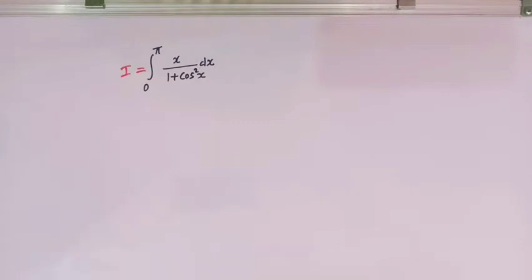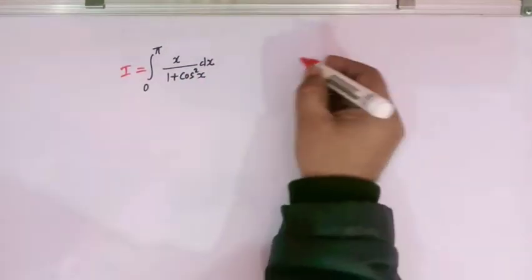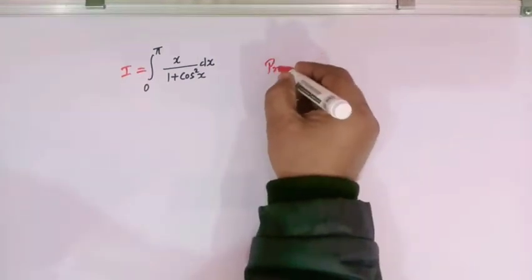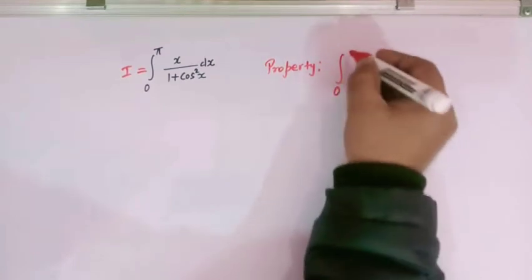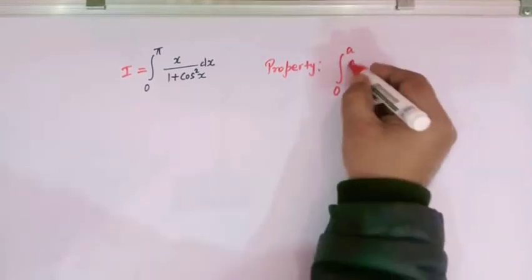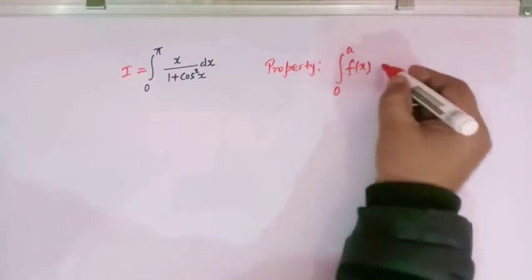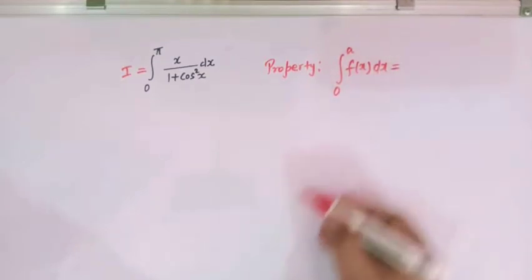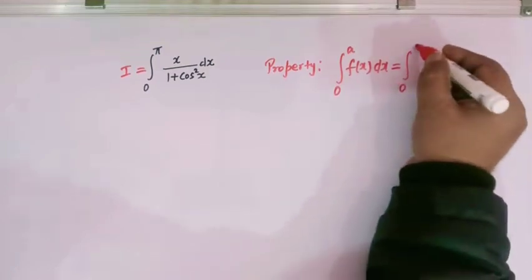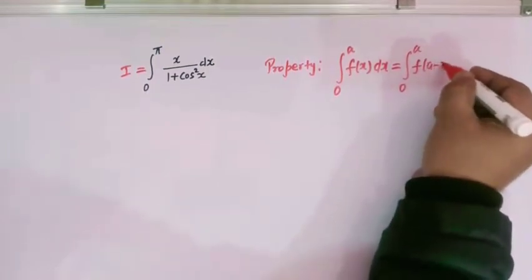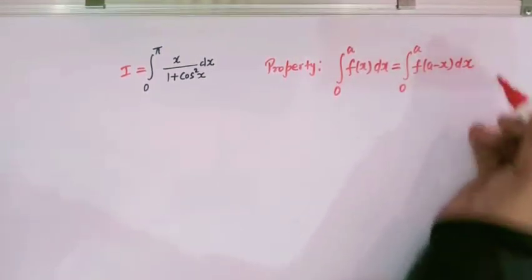Now in the initial stage we have to make use of the property which says that if we have to integrate f of x from 0 to a, then this can be written as integral from 0 to a f of a minus x dx, right?